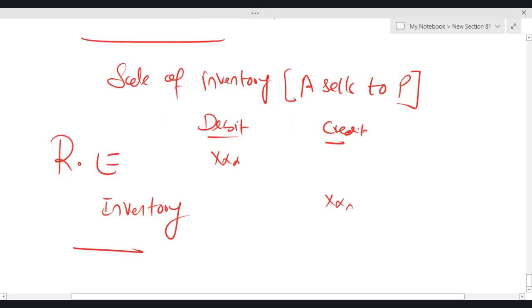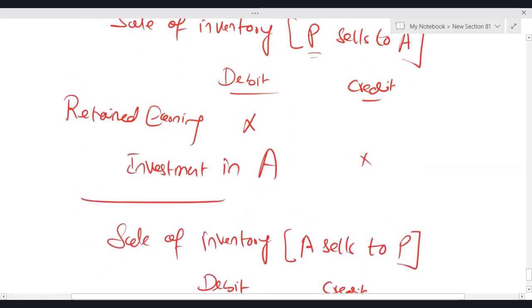And let me repeat, both the approaches are acceptable, but it's better to use the simple approach. You will get 100% marks. Because the simple approach, I have not given you. It is given by IFRS 3, and it is 100% acceptable. If it was not acceptable, why would IFRS 3 give us this simple approach? So I hope the simple approach is simple. Yes or no, students, please reply.